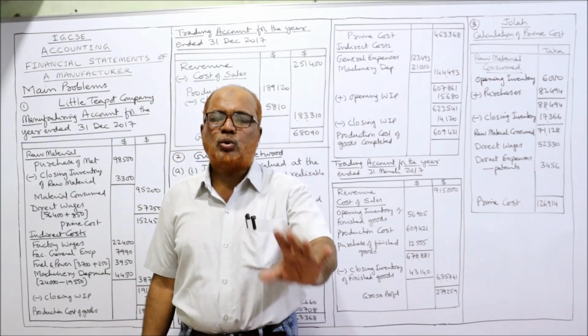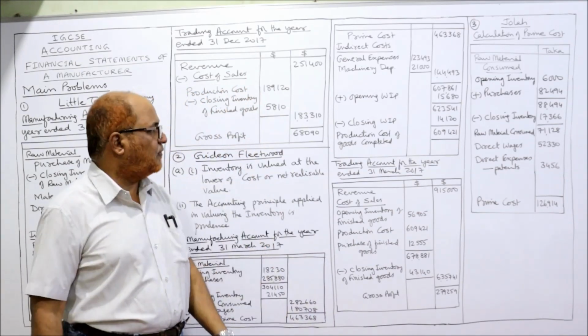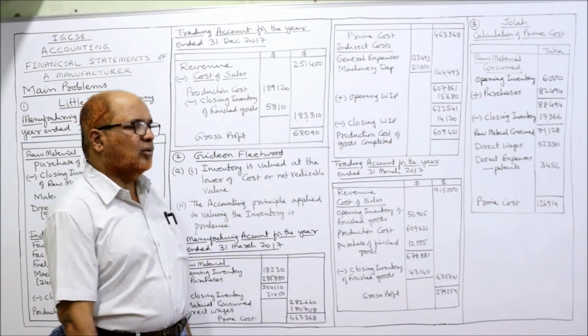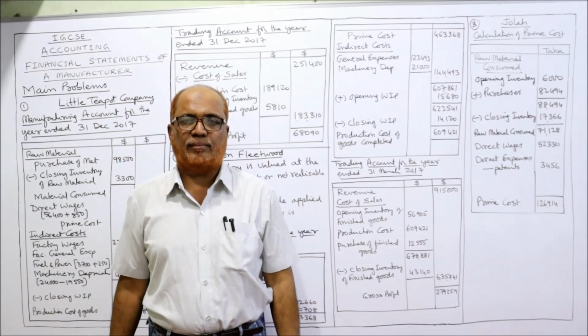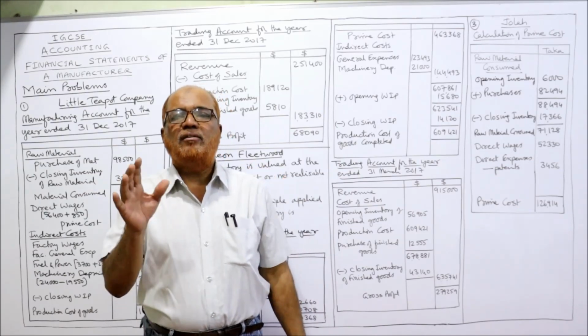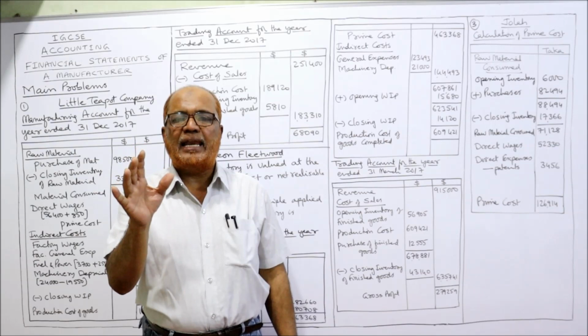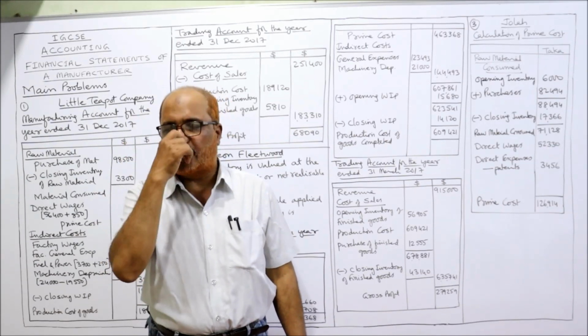But before that, it is asking you two theory questions. First of all, how is inventory valued by a manufacturer? The accounting principle is that inventory should always be valued at the lower of cost or net realizable value.